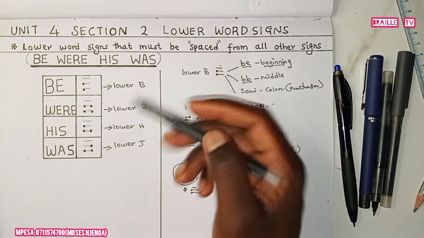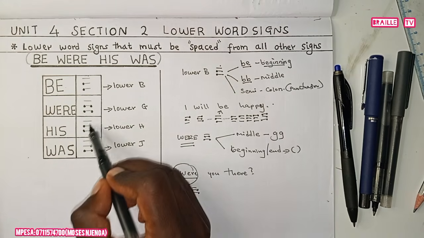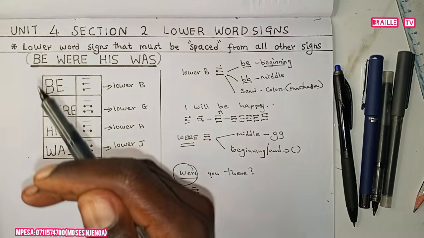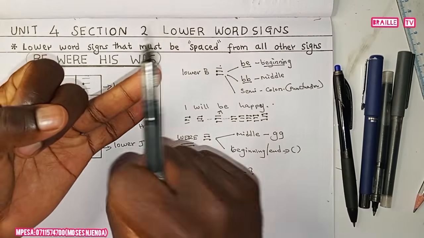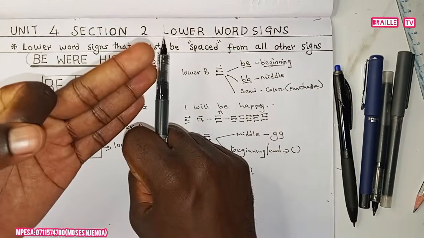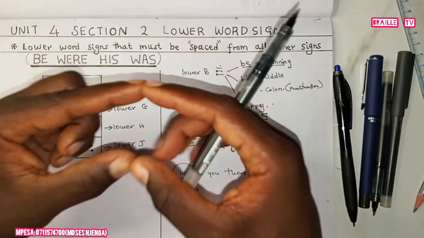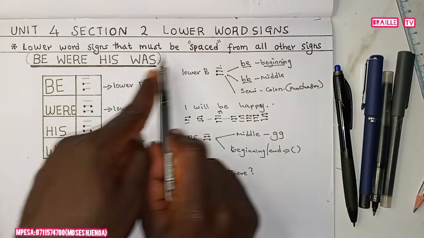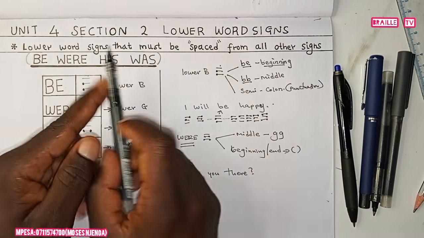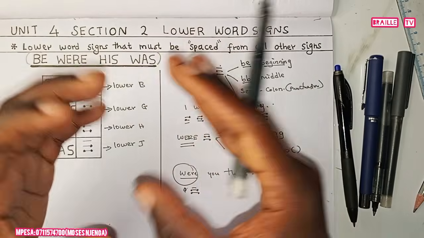But in this case, they are lower signs, where there is no dot in the upper part, and that's why we refer to them as lower. They are punctuation, they are also group signs, and they are also word signs, depending on how you use them. And that's why we have this rule, which guides us on how to use these signs so that they mean different things.